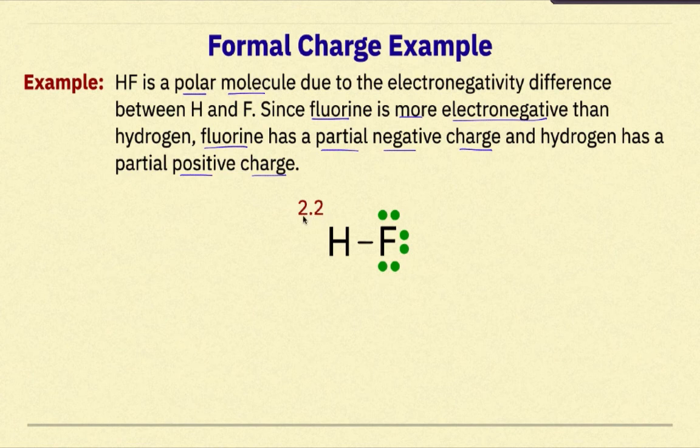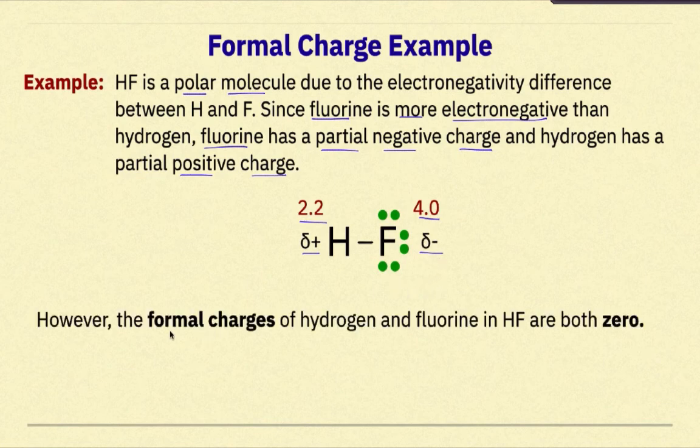The hydrogen has an electronegativity of 2.2, while the fluorine has an electronegativity of 4. Because the fluorine is more electronegative, the hydrogen has a slightly positive charge and the fluorine has a slightly negative charge.